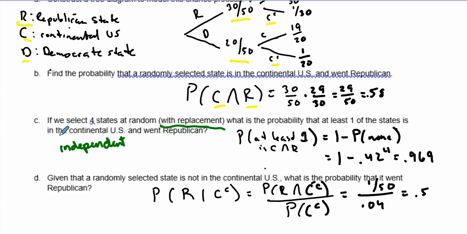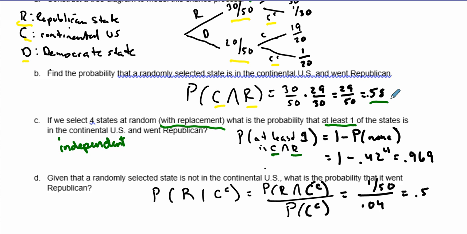Each chance process is independent, so the previous one does not affect the one coming up. So what is the probability that at least one of these states is in the continental U.S. and went Republican? Here is a little rule. The probability of continental U.S. and Republican, we found to be 58%.